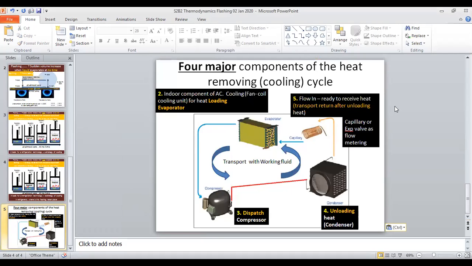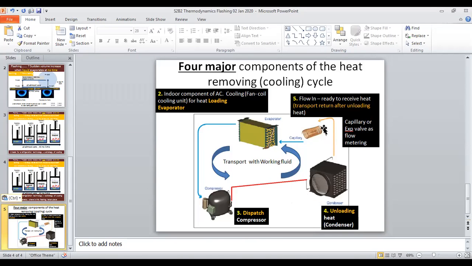Yes, this is a familiar slide for you. The return ready for the evaporator for loading. Of course, by right, the refrigerant should be cold, or the transport should be cold.